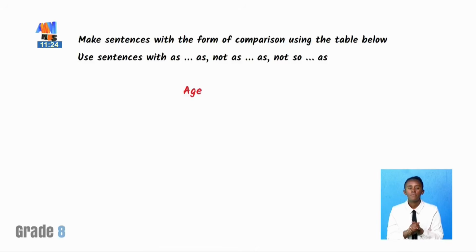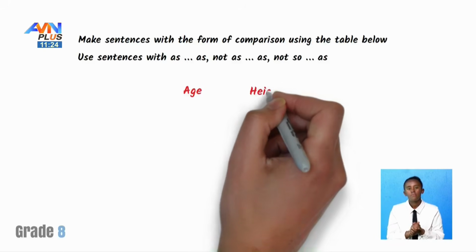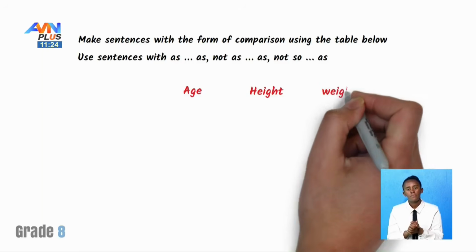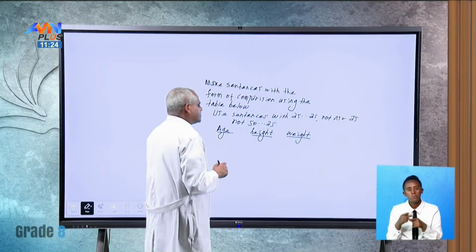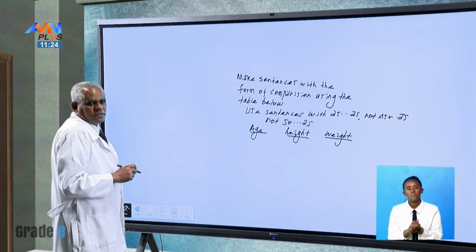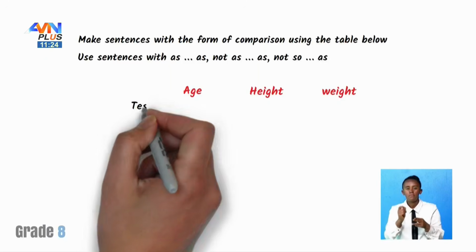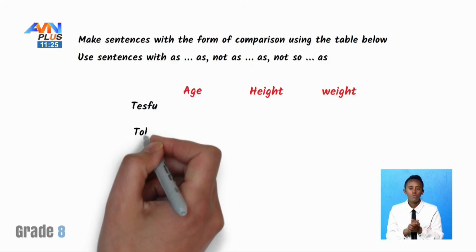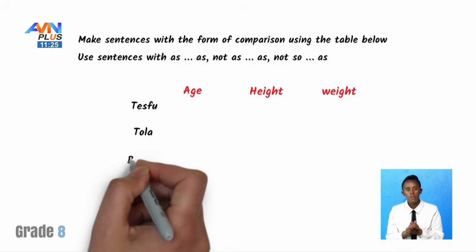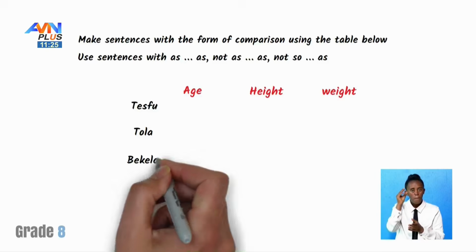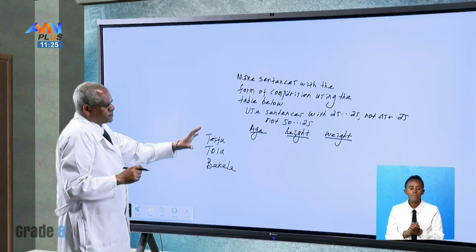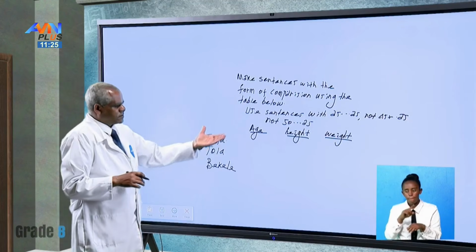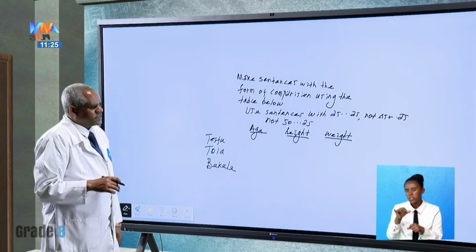Age, height, weight. I'm going to write some students' names here now: Tesfu, Tola, and Bakala. Let's take this information to use for those students who are the same in age, the same in height, the same in weight.